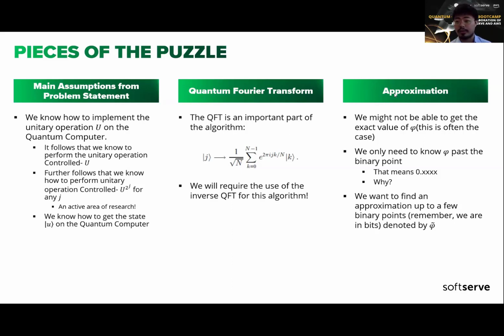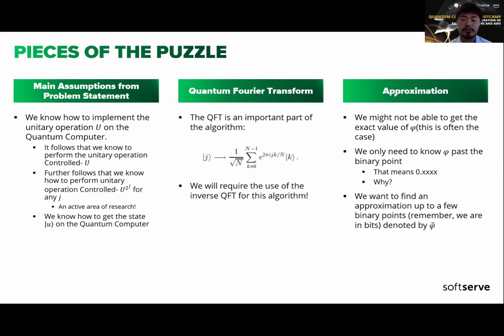C-NOT is an example of such a control operator, because the NOT is basically the X gate, the bit flip gate. So C-NOT is performing the flip when the control qubit is 1 and not performing the flip when the control qubit is 0. Okay.